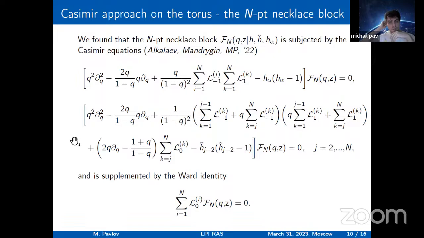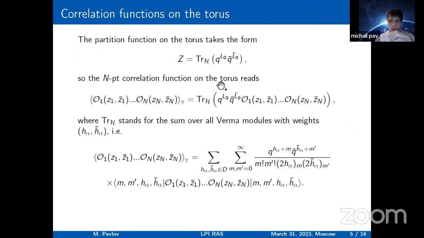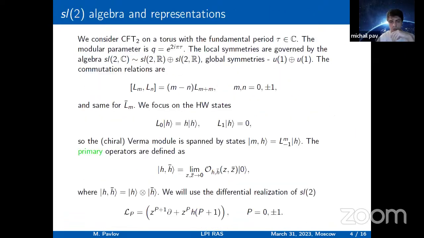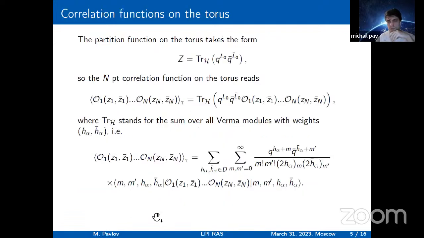So here it's n partial differential equations in terms of the modular parameter and in terms of insertion points. These operators L act on the points of the insertion of primary operators.